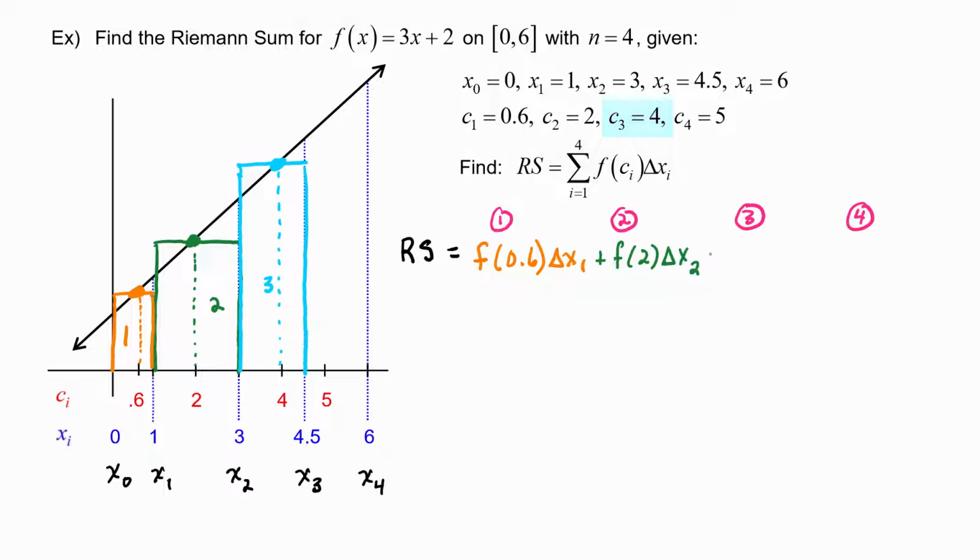So we've got plus f of 4 times its width, which would be delta x of region 3. In region 4, we are told to use an x value of 5. So then to find the height of our rectangle, we will do f of 5.